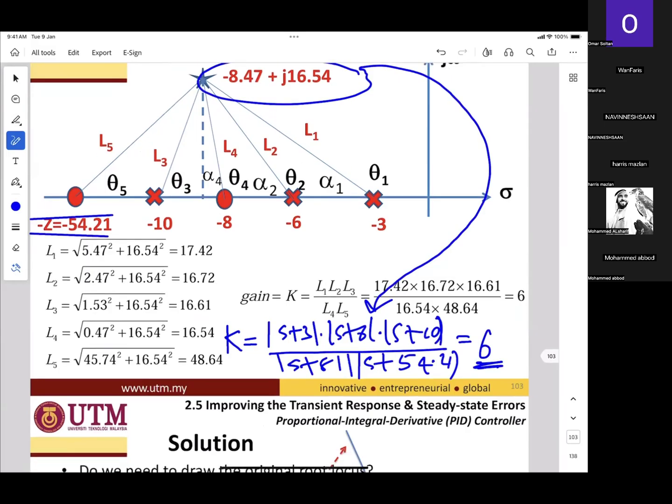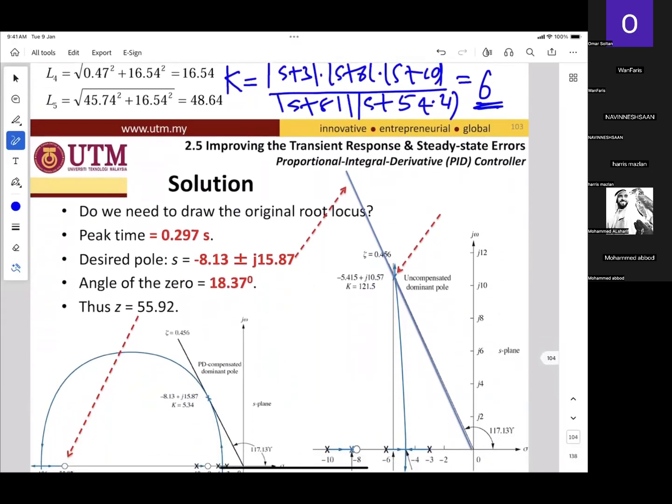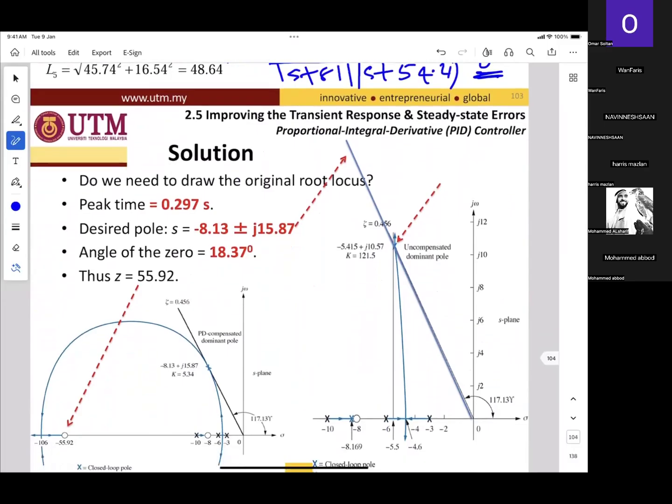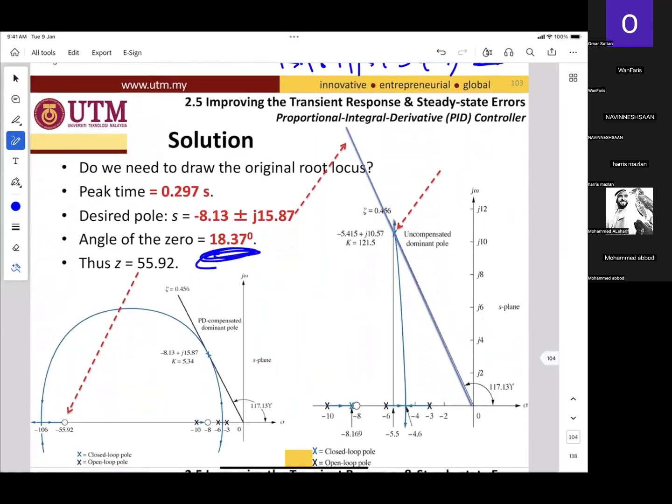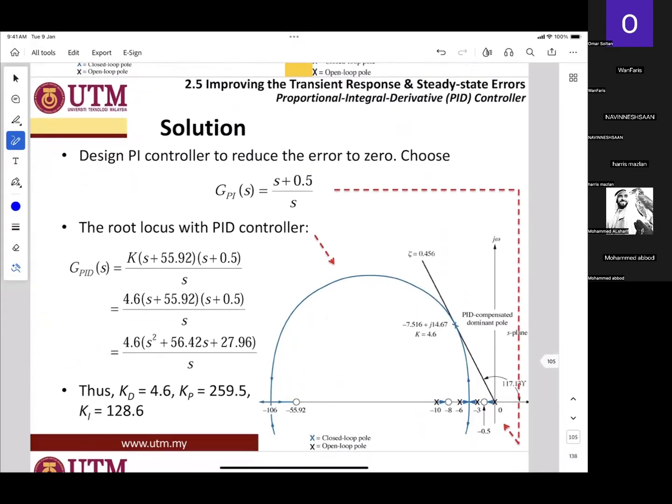So I hope everybody knows how to do this using your calculator. Okay, so this is the calculation to get the new zero for the PD controller, the new desired closed loop poles, and the new peak time. Then the last step is the PI controller.